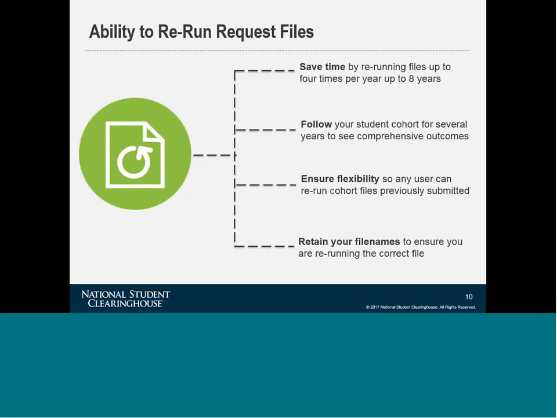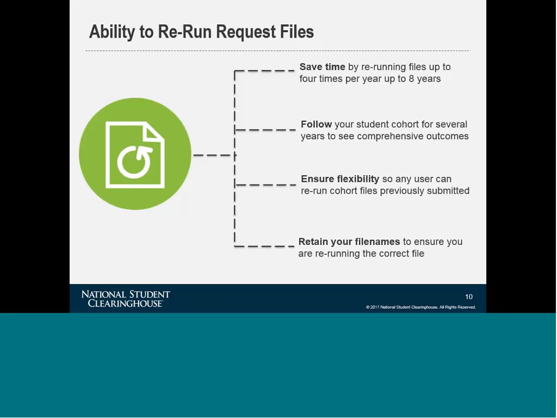Oftentimes, that could result in less work on our institutional researchers because they can provide a file upload, and let's say it's an NCAA file, they can have the appropriate person that's submitting a file for NCAA pull back the results and have immediate access to what was available based on the NCAA members that was previously submitted.